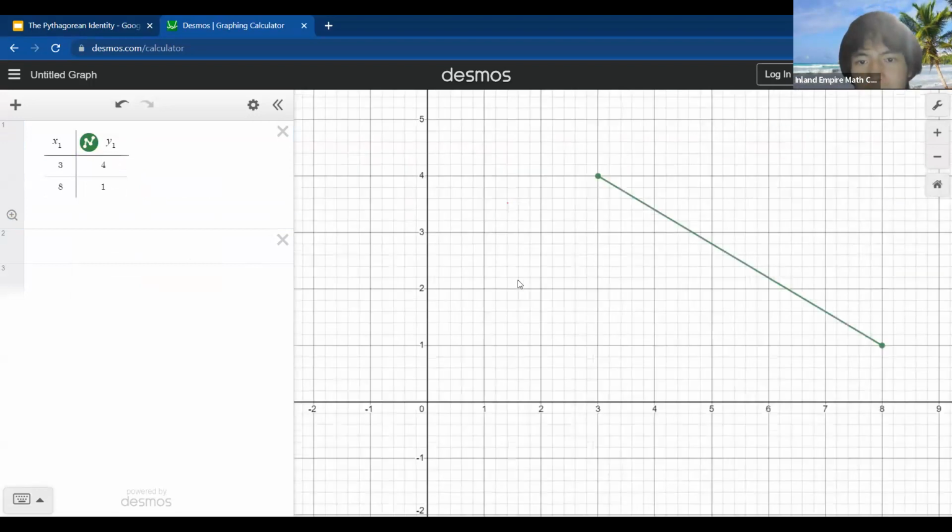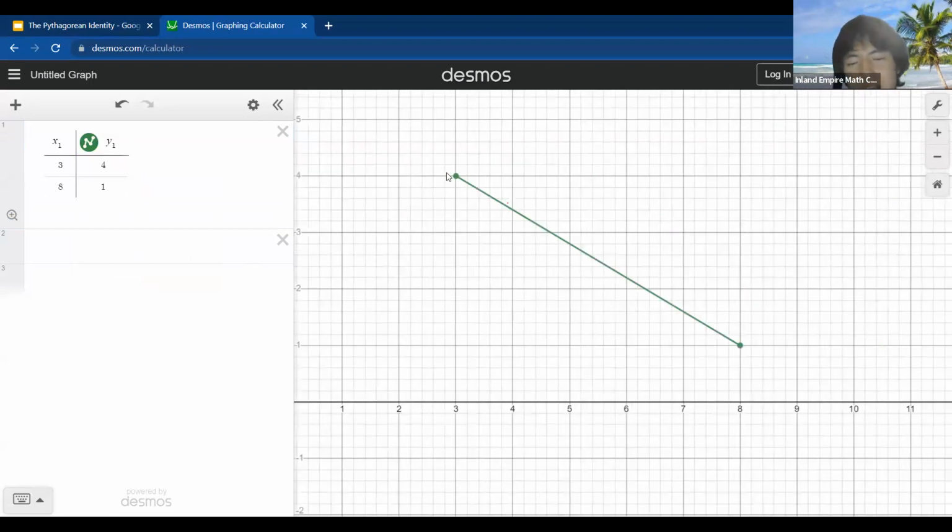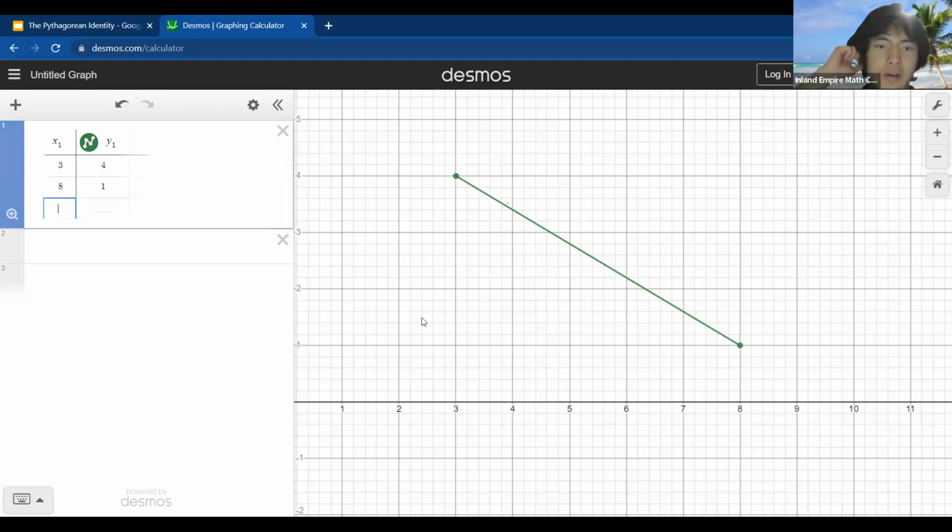So we want to find the distance between 3, 4 and 8, 1, which is precisely the length of this line right here. Usually, if you don't have a ruler, you wouldn't really be able to know what the distance is. But since you know the Pythagorean theorem, one cool trick is that you can simply construct a right triangle by dropping a perpendicular and extending a horizontal line.